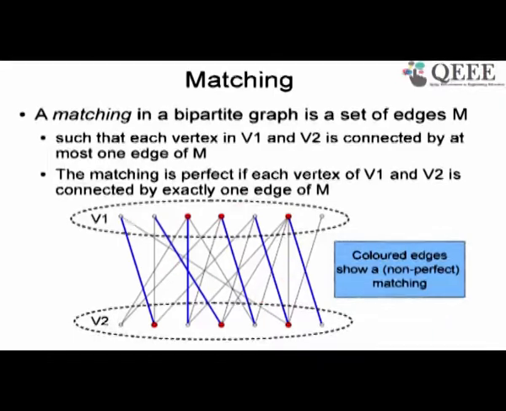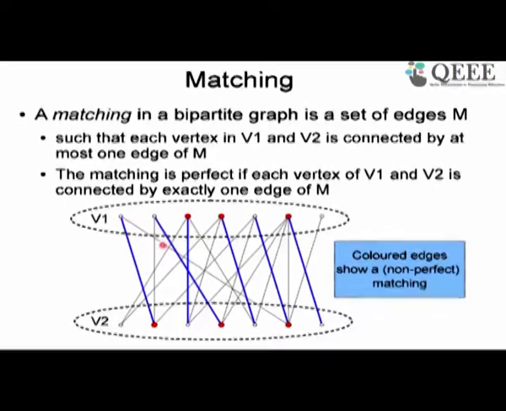So something is called a matching if each edge is incident on exactly one vertex in V1 and one vertex in V2. Which means that this colored edge, if you look at it, has the property that you don't have 2 colored edges connecting a vertex in V1, and you don't have 2 colored edges connecting a vertex in V2.